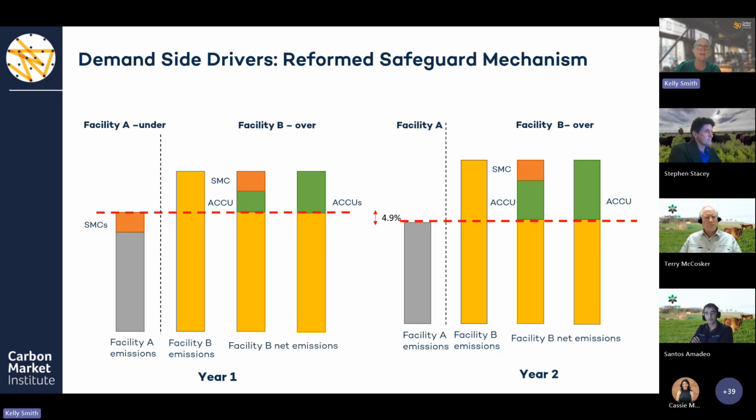If, like facility B, in the middle left there, you are, despite your best efforts, over the baseline, then you need to purchase ACCUs or SMCs to bring your net position back to your legislated baseline, where the red dotted line is meant to represent the legislated baseline.